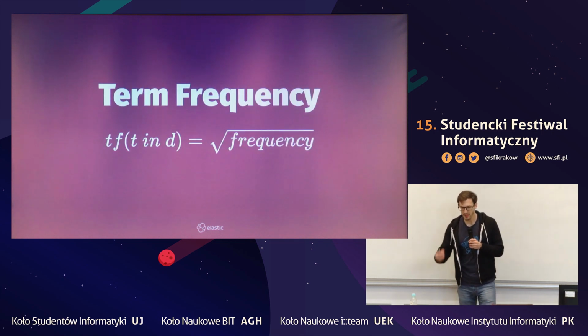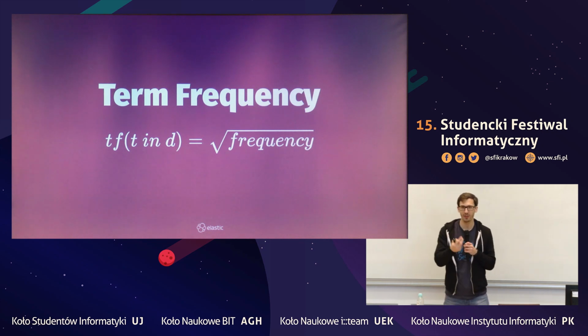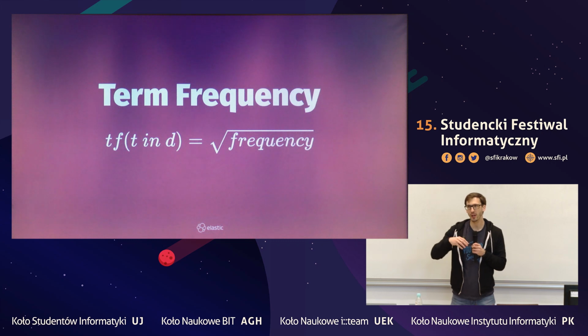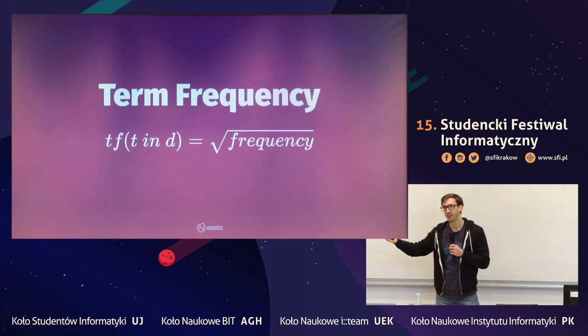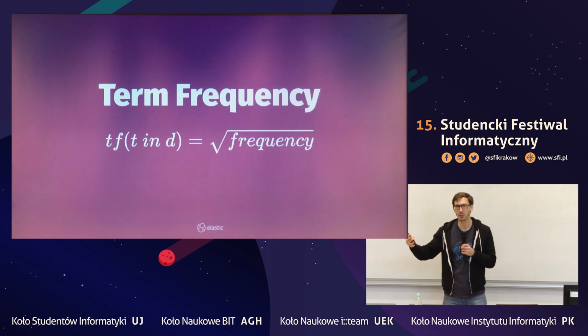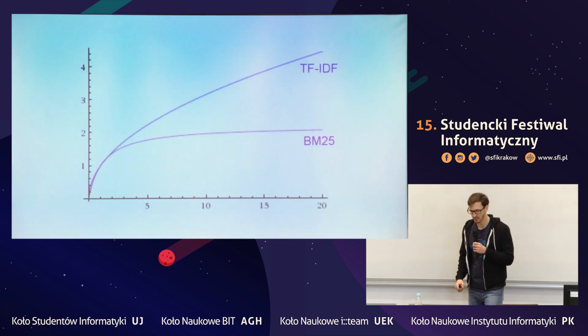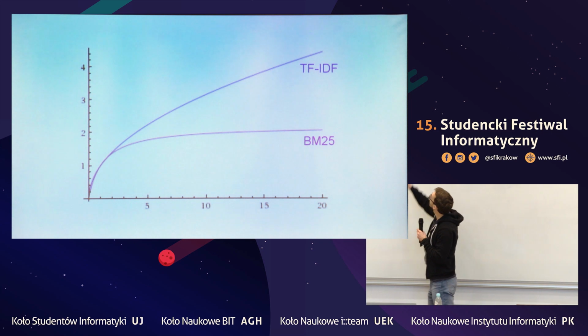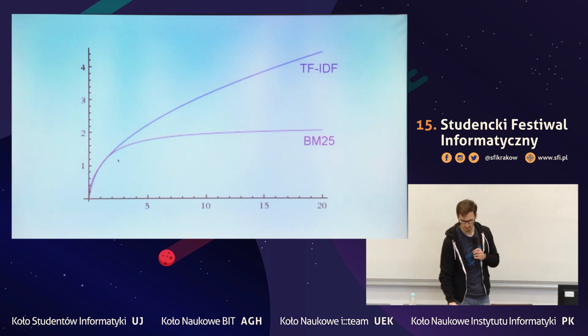How does it look like? So, the first general idea that you have is the term frequency. It assumes if you search for father, and one document contains father once, and another document contains father 3 times, the document containing father 3 times is more relevant than the other one. I guess that's kind of intuitive. And it looks something like this. So you have the relevancy, and the number of occurrences of this term you're looking for.